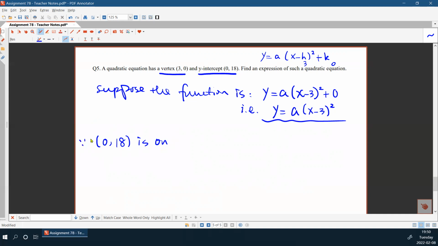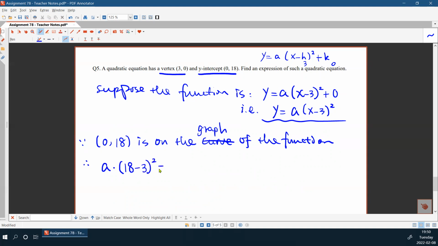Because (0, 18) is on the graph of the function, we can insert this point back into this equation, right? Oh, sorry, a mistake. When x is 0, y is 18.